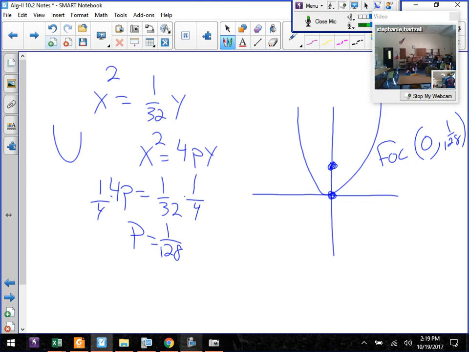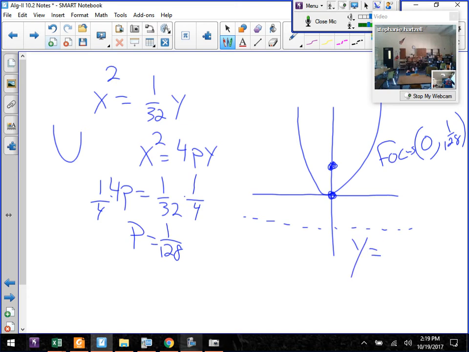Because what we're doing here is giving a rough sketch idea of what it looks like. I know that my focus is at the ordered pair of 0 and 1/128, which means my directrix has to be at the equation, the horizontal line. Very good.